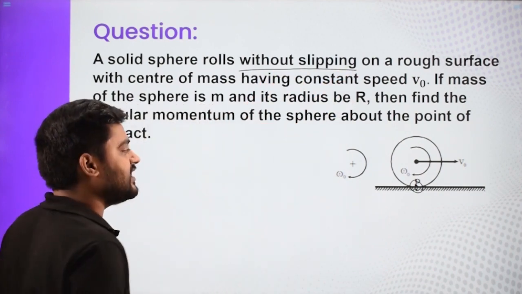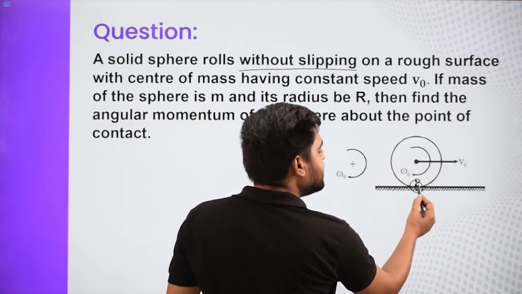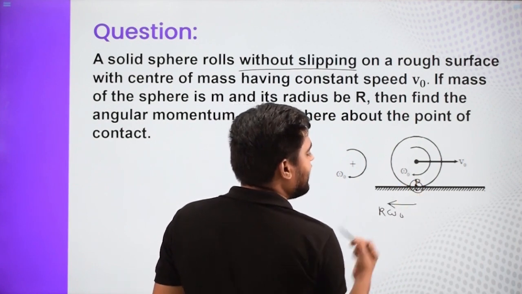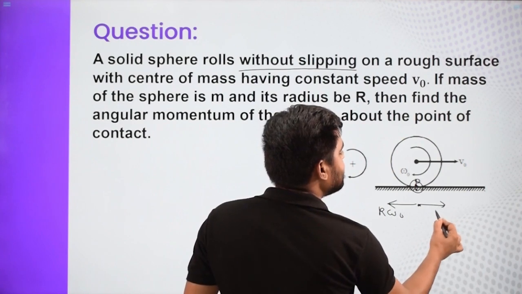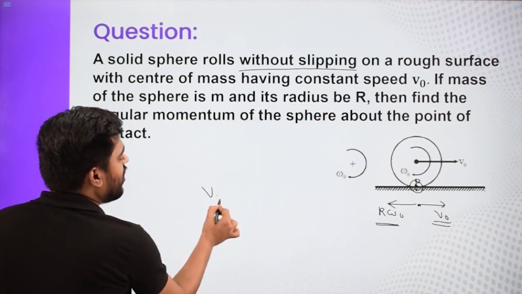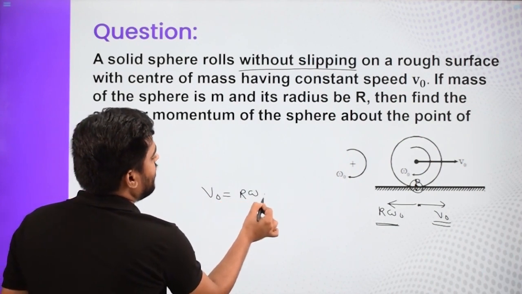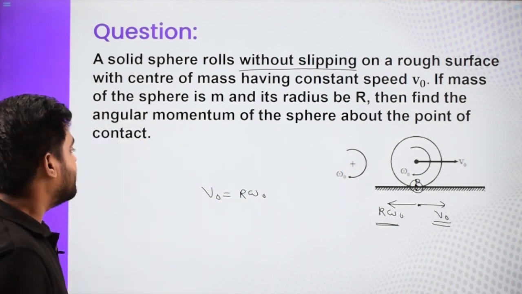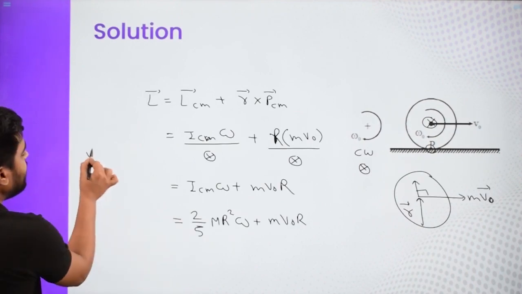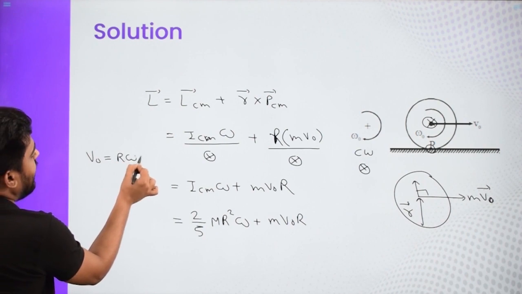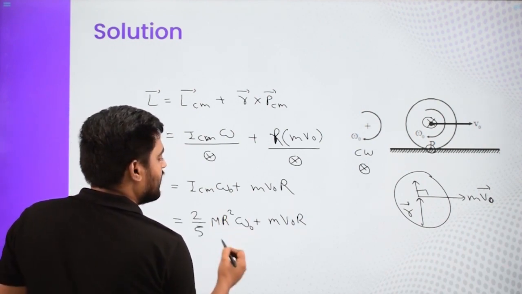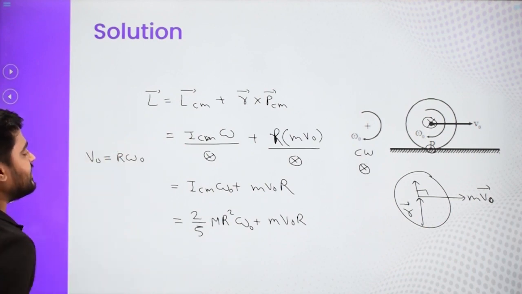If it is rolling without slipping, what is the condition? This point has a velocity of r omega naught in that direction, and in the other direction the velocity is v naught, which is vcm. So v naught must be the same as r omega naught.